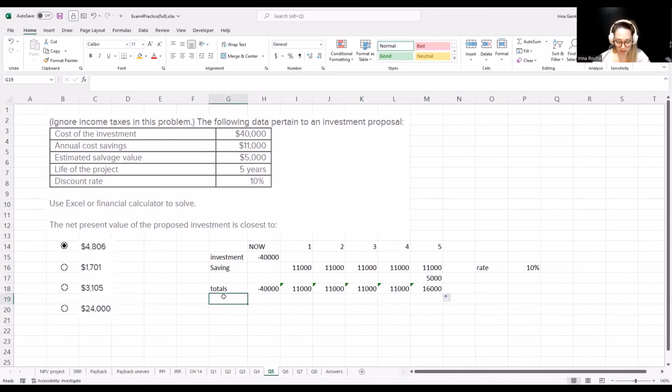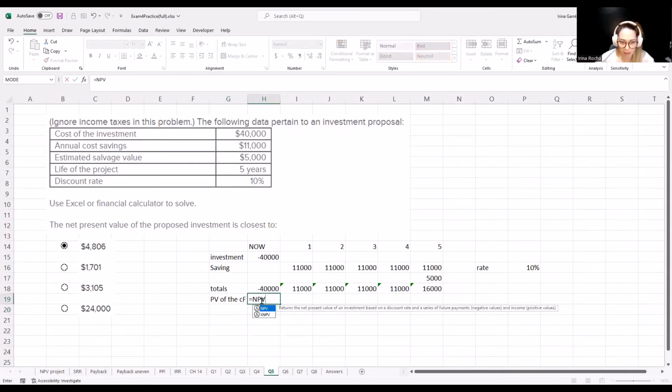Now, to figure out the present value of the inflows, I use the net present value formula. It's kind of confusing because you're using net present value to get the present value, but that's it. This formula is going to tell me how much these inflows are worth in today's dollars.